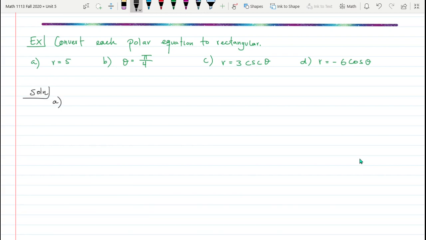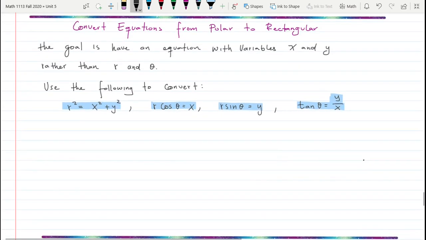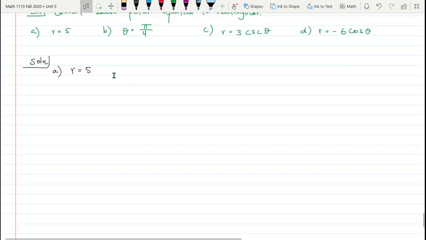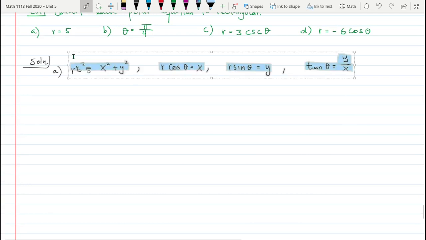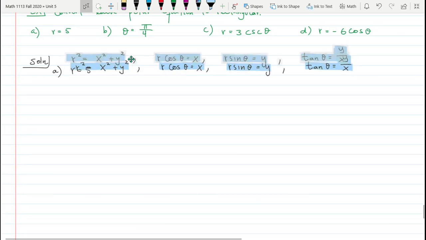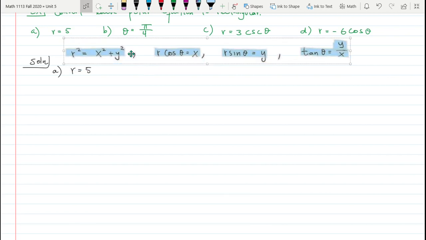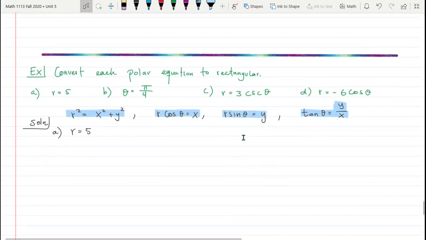So if we are converting the radius equals 5 into a rectangular equation, then how do we do it? Let's bring in those definitions from above so that we can see them and potentially use them.